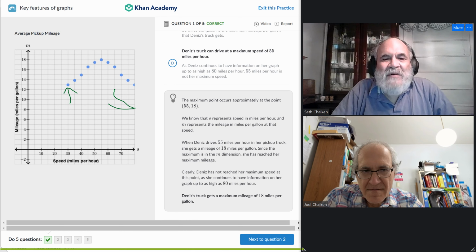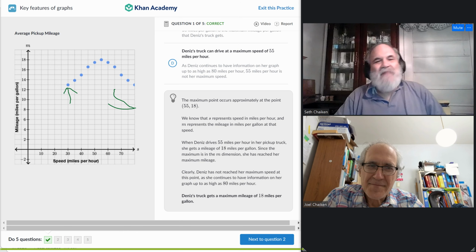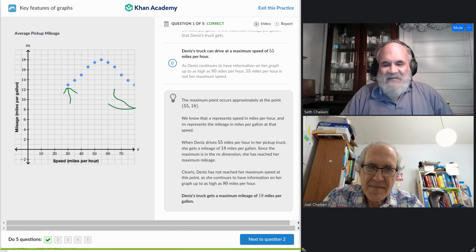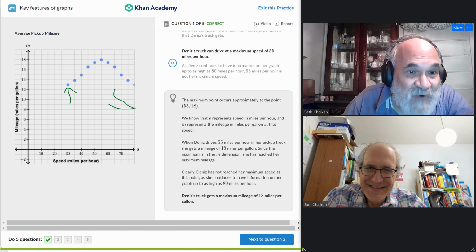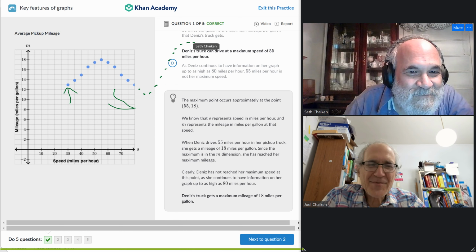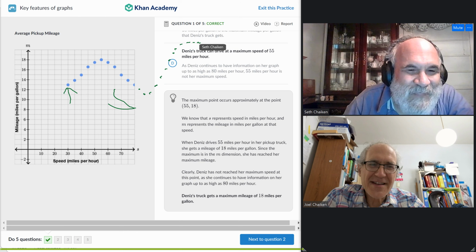What is the maximum mileage shown in the graph? Maybe it's a magic truck. When you go over, maybe the graph continues like this. It's possible. But come on, you have to use some common sense.